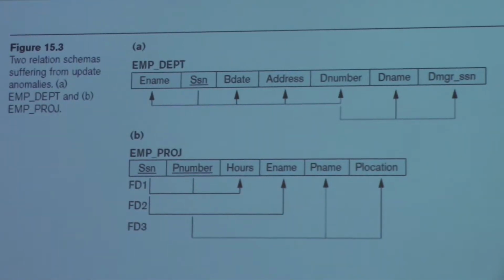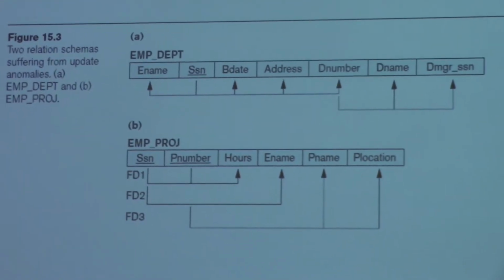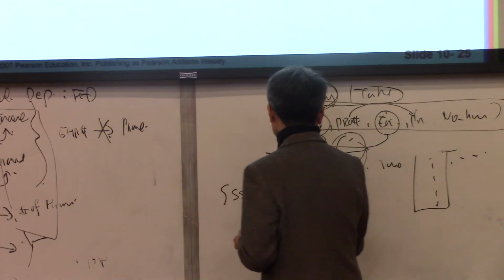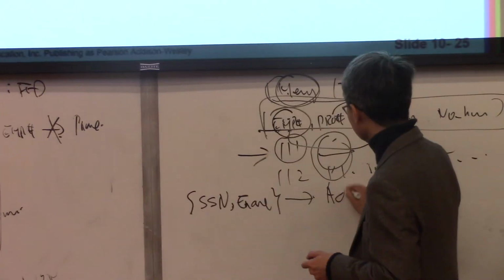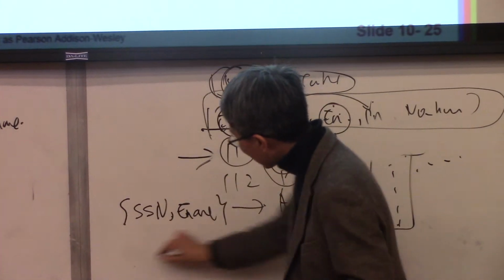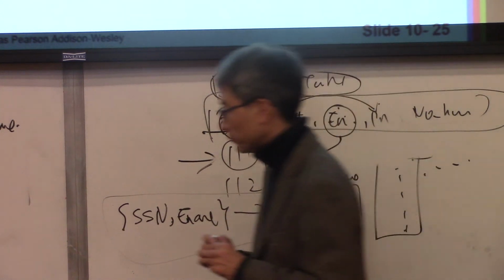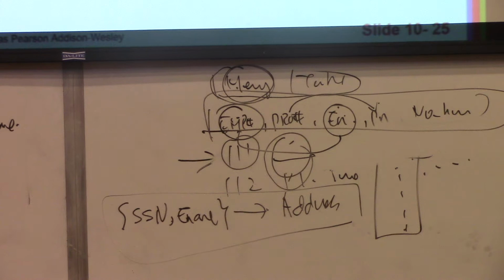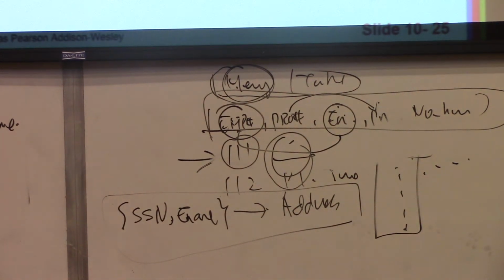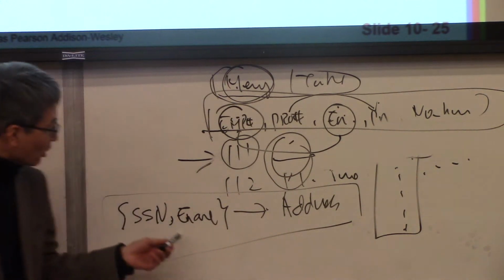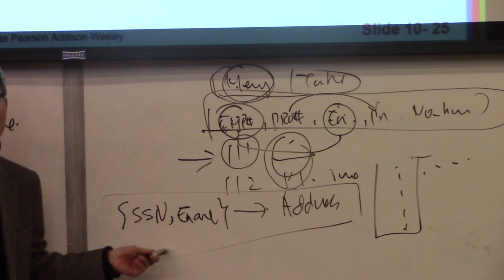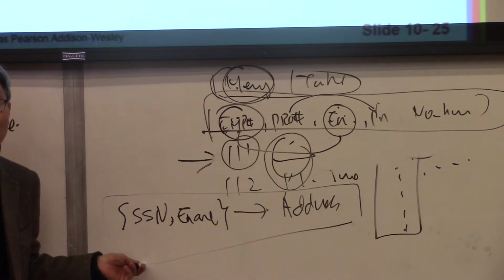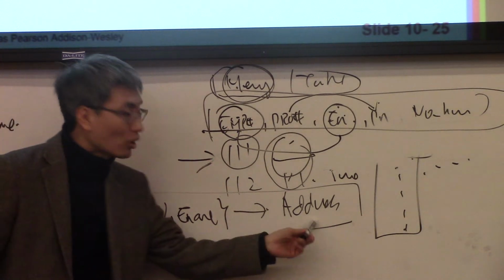Question. What about this? SSN plus E name determine the address. Is it functional dependency or not? It's also functional dependency. Okay? Why? Because SSN determine address, even though we add the non-prime attribute, it will determine address.